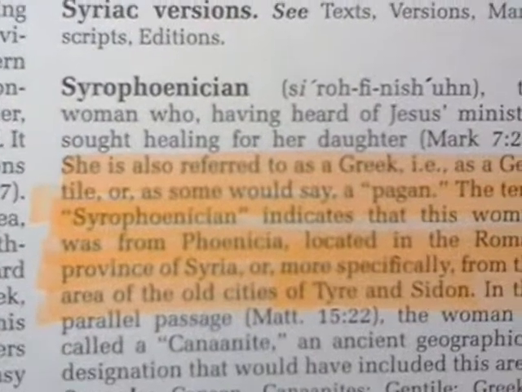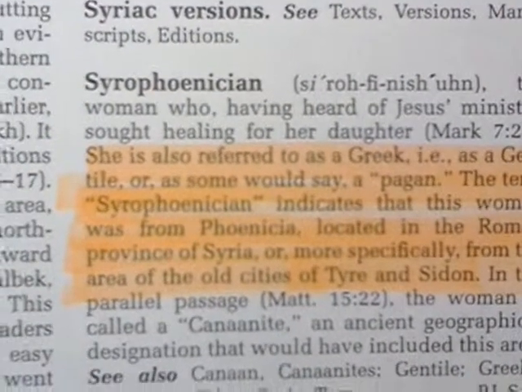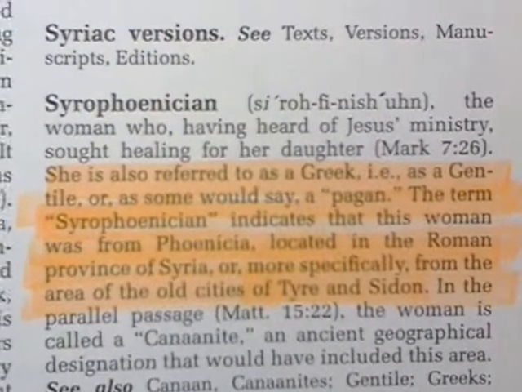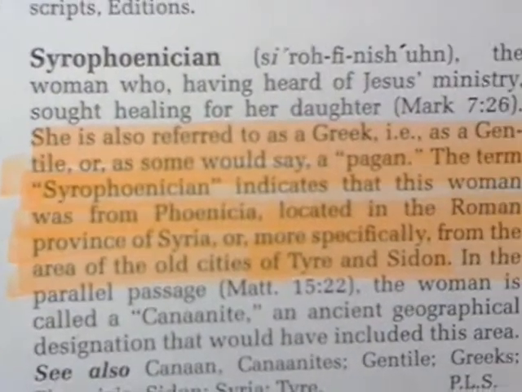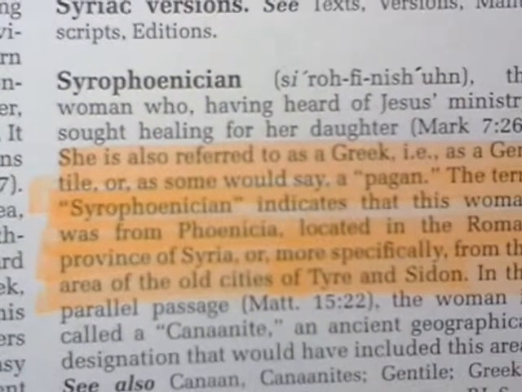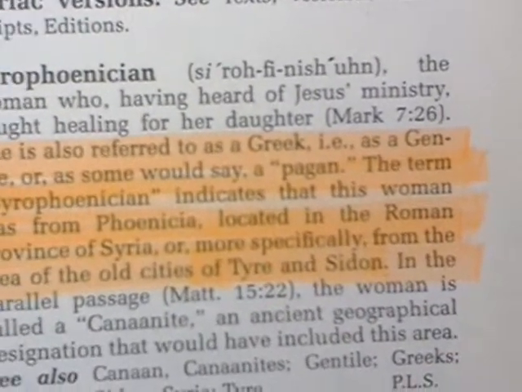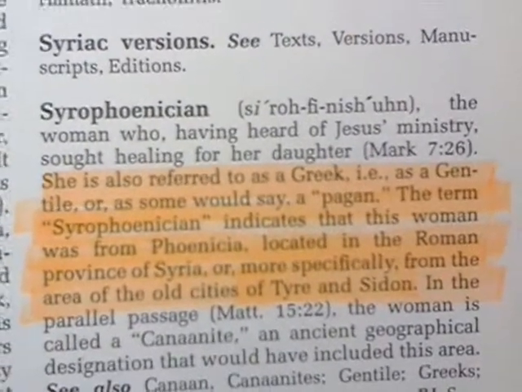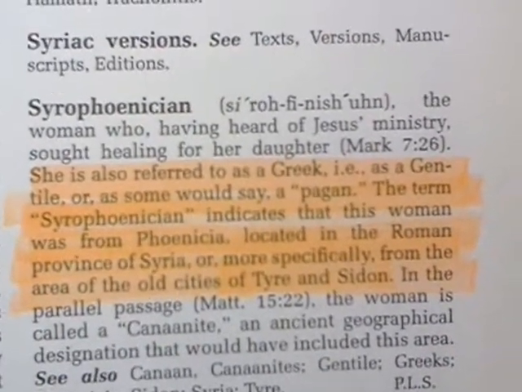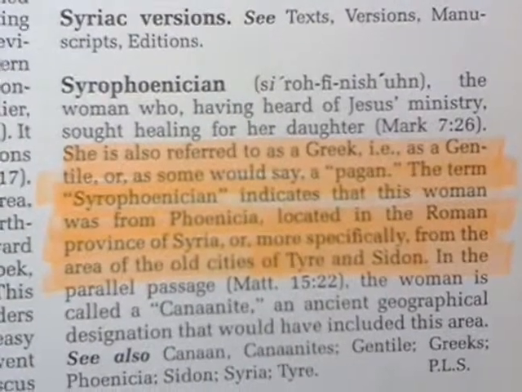The term Syrophoenician indicates that this woman was from Phoenicia, located in the Roman province of Syria, or more specifically, from the area of the old cities of Tyre and Zidon. In the parallel passage, Matthew 15 and verse 22, the woman is called a Canaanite, meaning a Hamite, because the Canaanites came out of Ham.